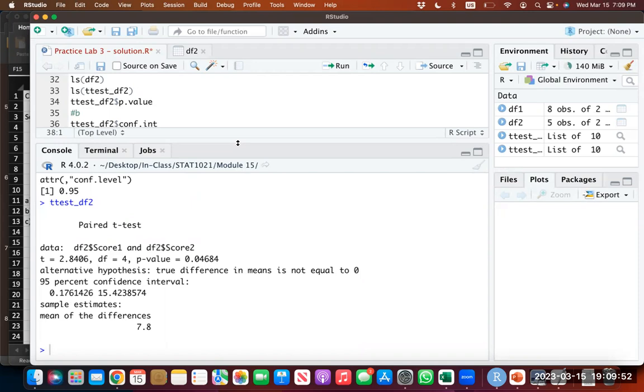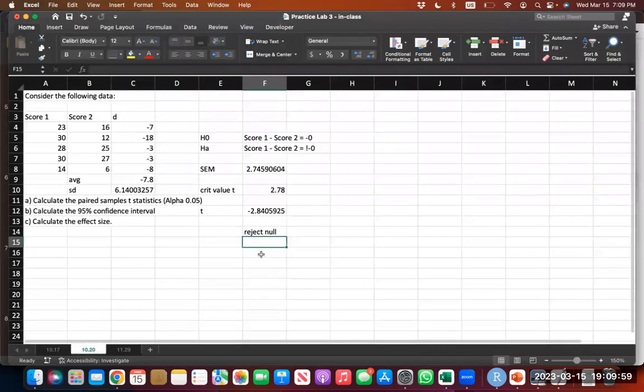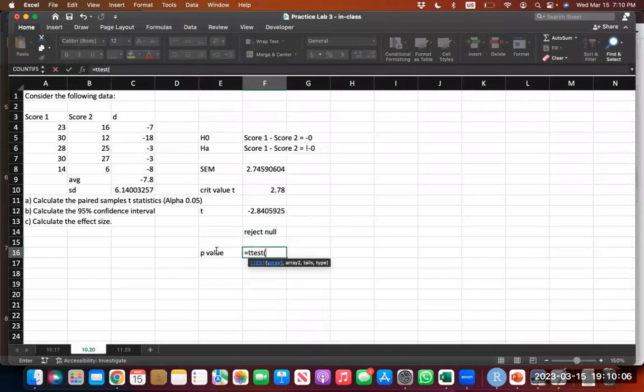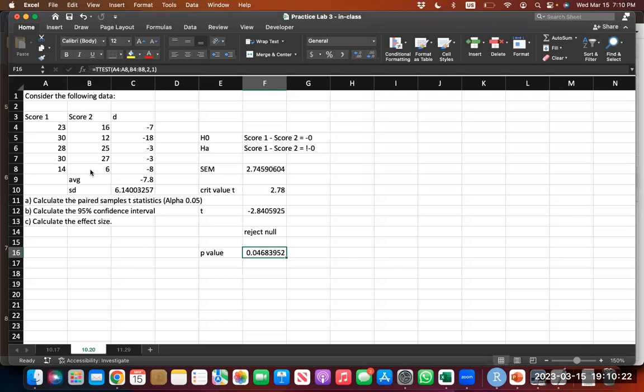And the confidence interval is identical to what we calculated. If we want to calculate our t-test in Excel, we're basically getting a p-value. We can do this with T.TEST: score 1 for these 5 individuals as array 1, score 2 as array 2, 2 tails and 1 for paired. Gets us the same p-value as in R. So that's how easily that could be calculated.